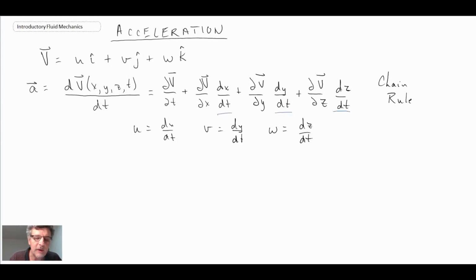So we can rewrite the acceleration in two different components. We have the velocity vector with respect to time, and then we have this other component which consists of the velocities.